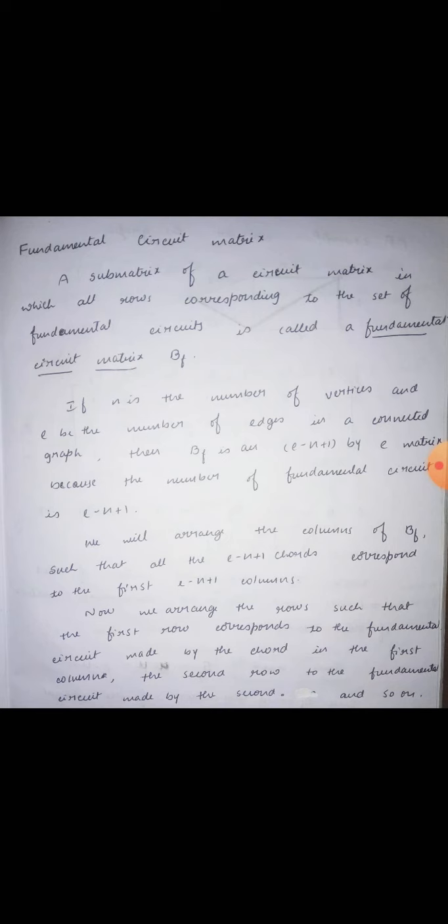In the same way as we defined the circuit matrix, each row represents a fundamental circuit and each column represents an edge. If the jth edge is present in the ith fundamental circuit, then that Bij position is 1. If not, then it is 0.